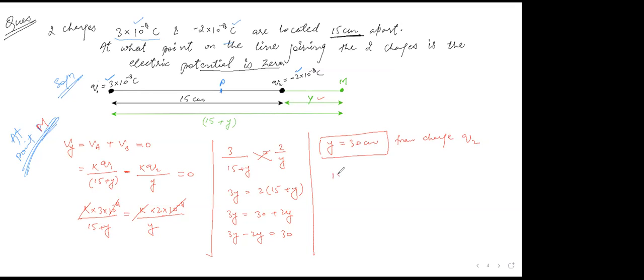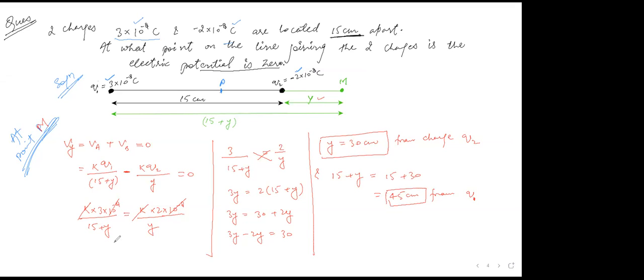It will be 15 plus Y, which is 15 plus 30, and you get 45 centimeter from Q1. Are you clear? Yes, sir.